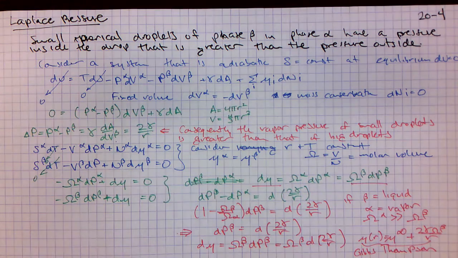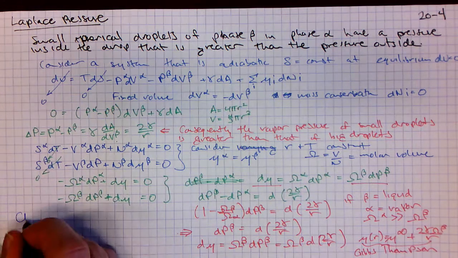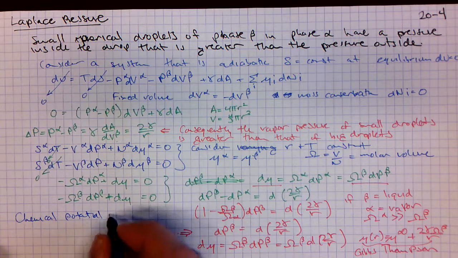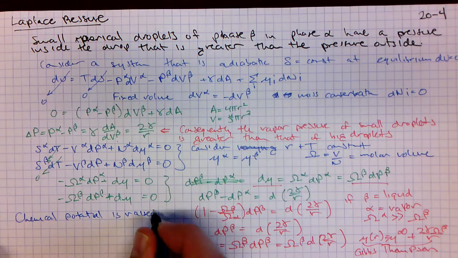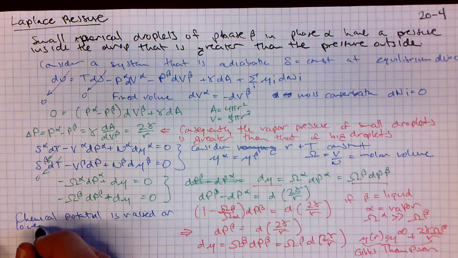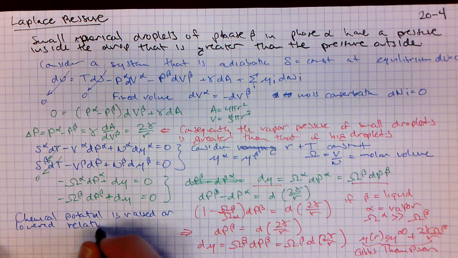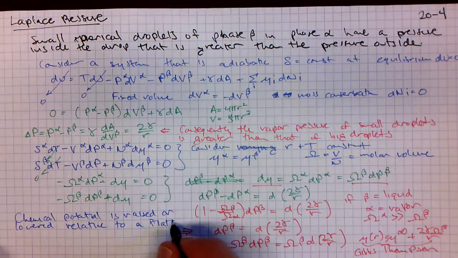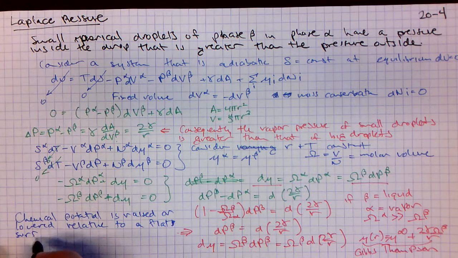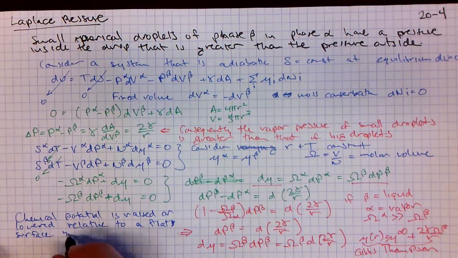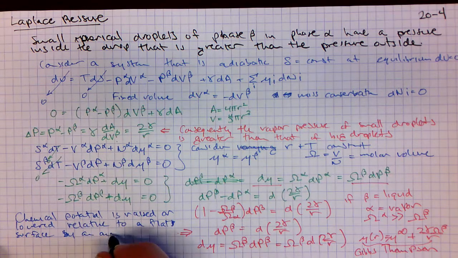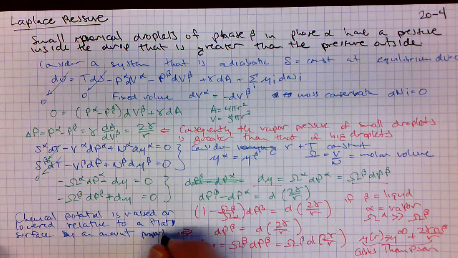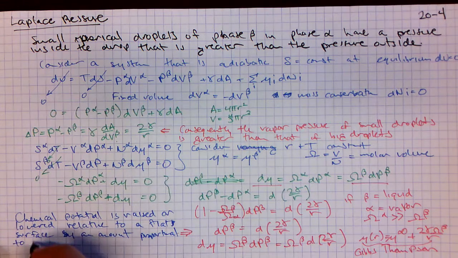So we can see that the chemical potential is raised or lowered relative to a flat surface by an amount proportional to the radius of curvature.